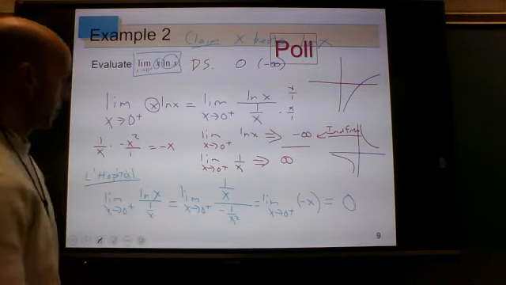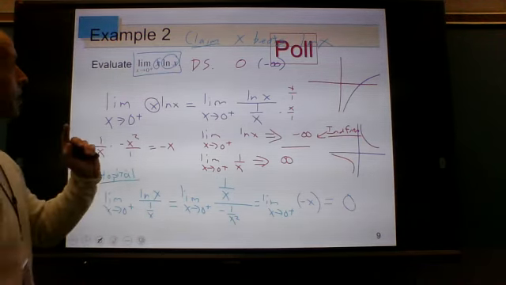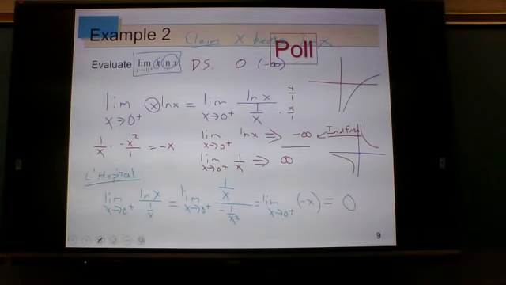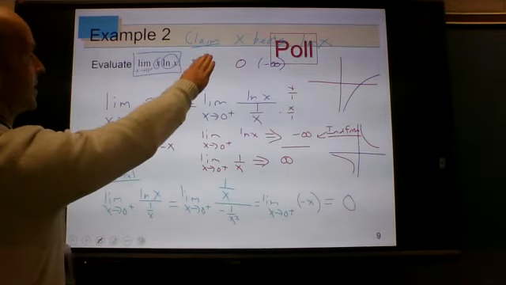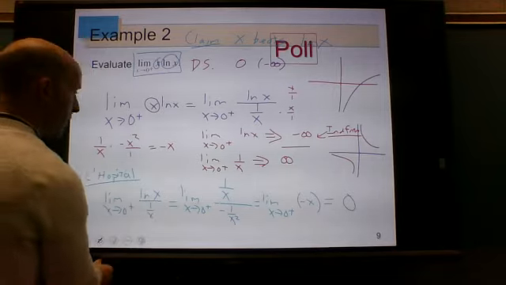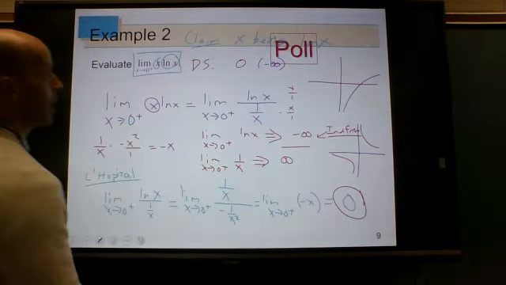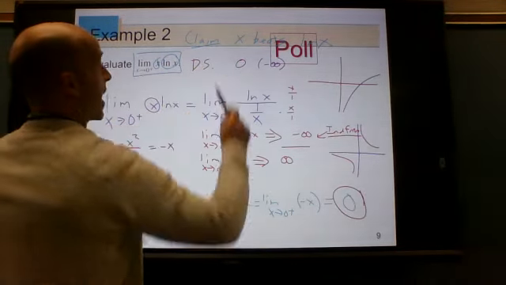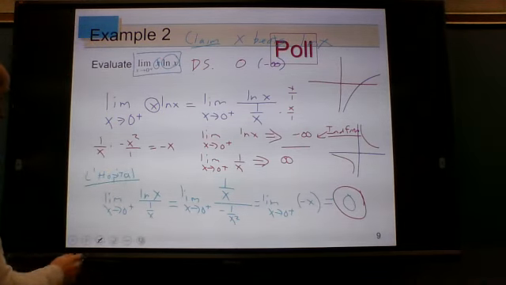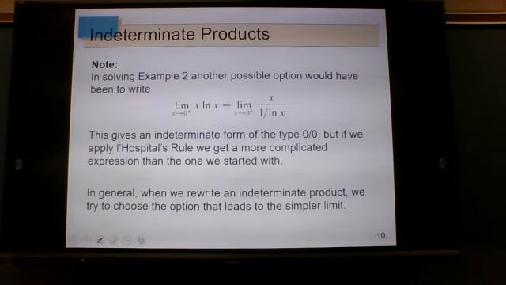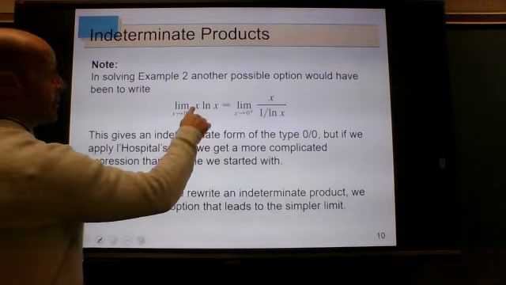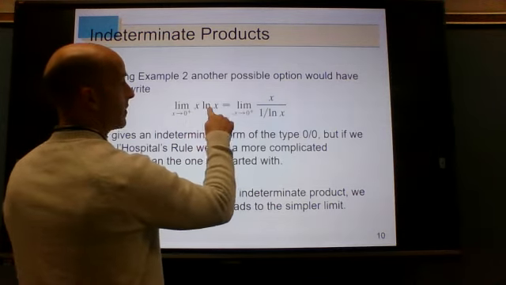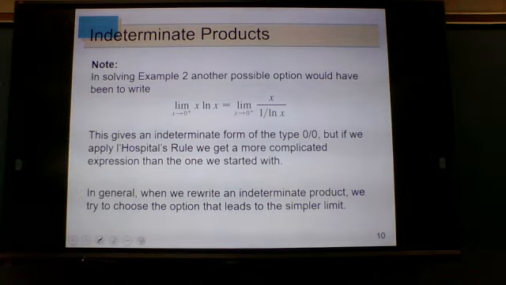Okay, thank you. All right, so that gives us example 2. As I said, in example number 2, we got a final answer of 0. And again, I claim that x beats the ln of x. Another note before I move on: in solving example 2, another way we could have done this is instead of taking 1 over x in the denominator, we could have done 1 over the ln of x.